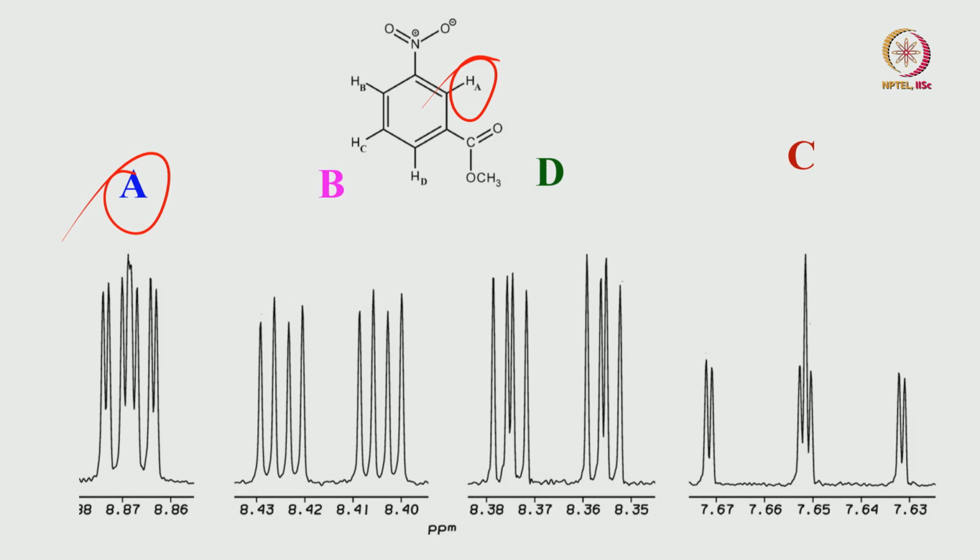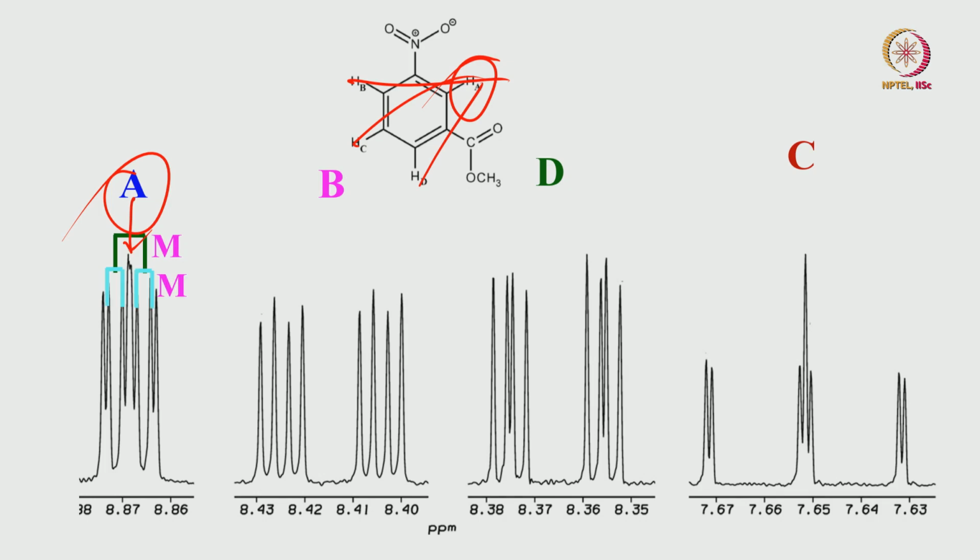Proton A, you take it. What are the possible splittings you can think of? This is one meta coupling, other meta coupling, and then a para coupling. There is one meta coupling. The chemical shift is always at the center, and each line of the doublet splits into another doublet.